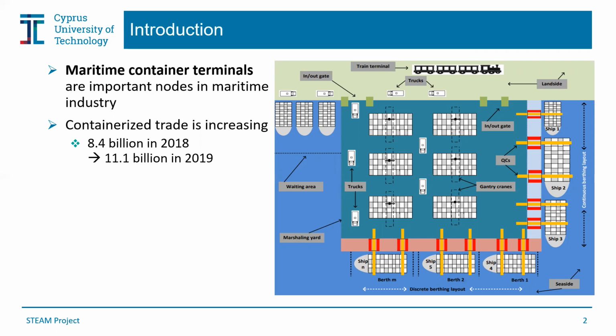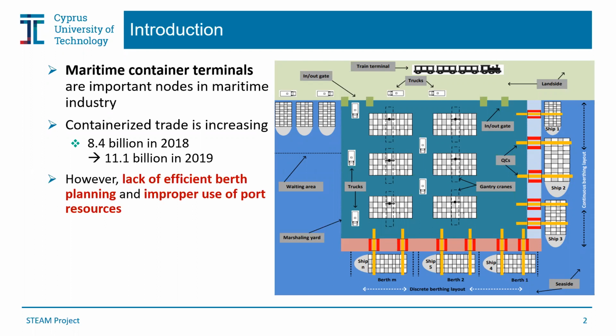Maritime containerized trade is increasing day by day. For example, in 2018, the maritime containerized trade was 8.4 billion tons, which increased to 11.1 billion tons in 2019. However, lack of efficient berth planning and improper use of resources cause several problems.